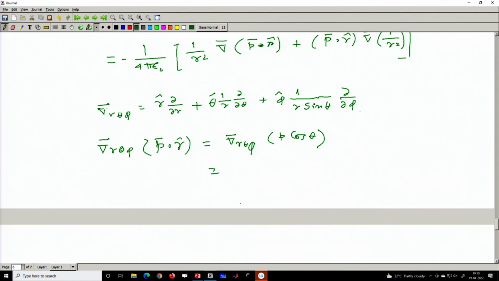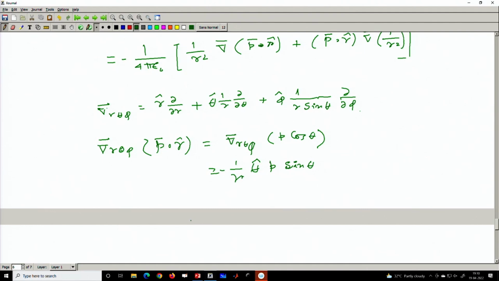So, it will be simply 1 by R, then the theta unit vector, and I have del del theta. So, it should be P and then sin theta, the derivative will be sin theta with a negative sign.